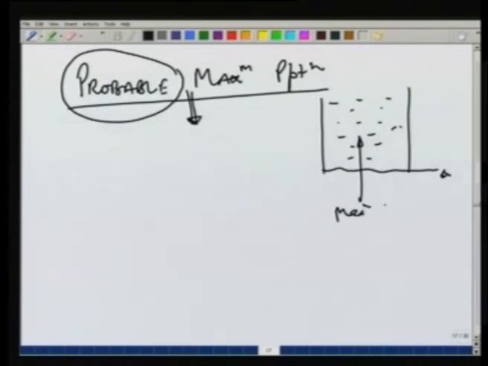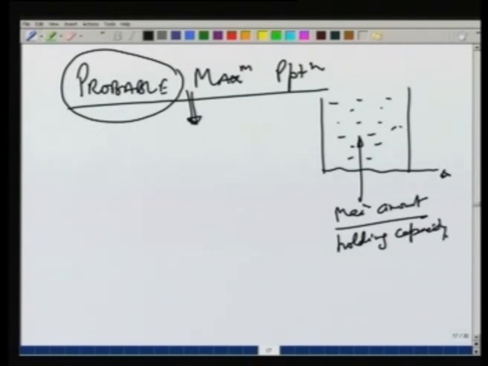The maximum amount, or the holding capacity, is limited. So, there are methods using which we can estimate the amount of water vapor present in this air column, and based on that we can estimate the probable maximum precipitation.